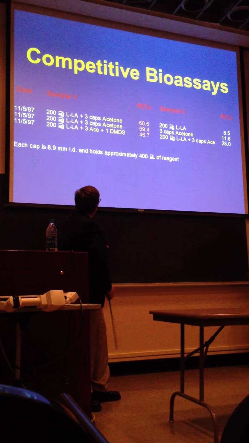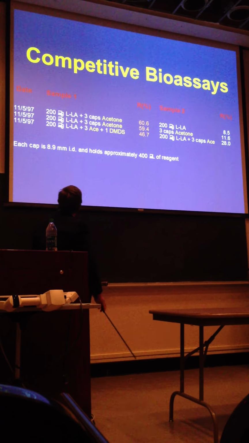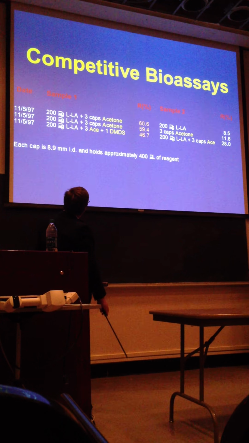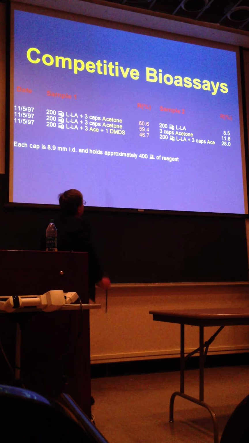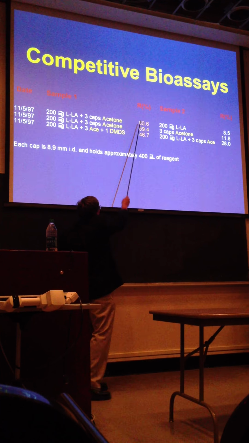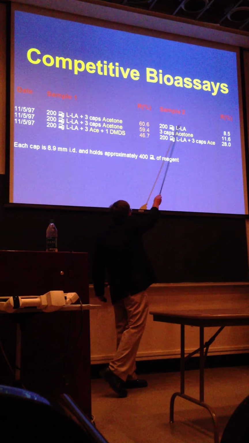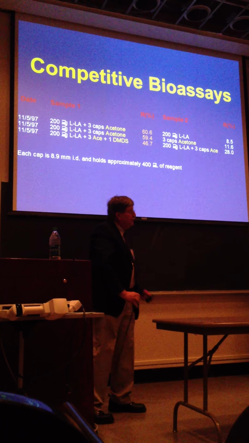So, then what happens when you do competitive tests? This is where you put something in each port to see which does best. If you mix the lactic acid with acetone, which is a good binary blend, how many mosquitoes would go to that port? We got 60, and then 8.5, and the other ones were really confused and they didn't know where to go.